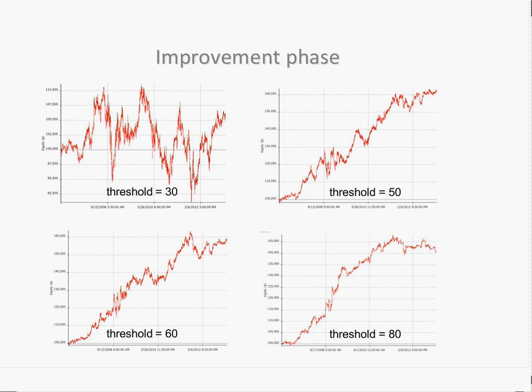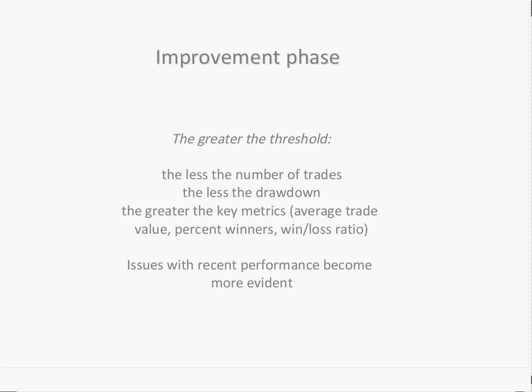If we set the threshold to this extreme value of 80, we see good performance till sometime in 2011, then it suddenly goes sideways. The higher the threshold, the fewer the trades, and the key metrics improve: trade value, percent winners, and win-loss ratio.